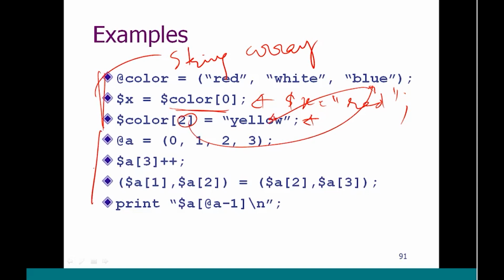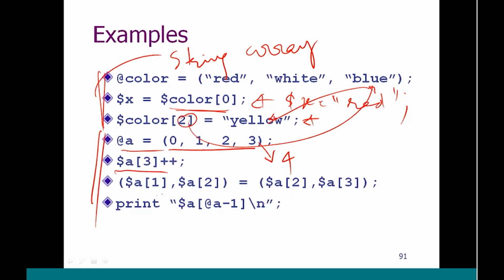Now let's look at these examples here. The array is declared as a numerical array, which is 0, 1, 2, 3, and then we increment the third element by 1. That means that the 3 is becoming 4, and then we write out. Here we are doing A1, A2 the same as A2, A3.